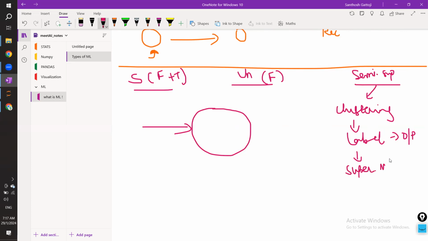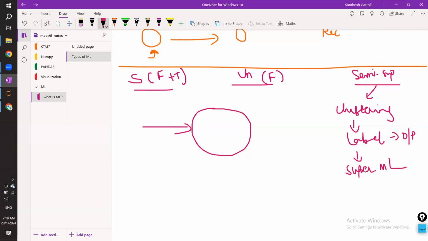I'll repeat. Initially in semi-supervised, you don't have any output variable. You will have just raw data, that is only features. When you have only features, what is our task going to be? It's going to be clustering. You cluster the given data into different clusters. Once we have different clusters, you label each of the clusters. When I say label, that means you are creating the output variable.